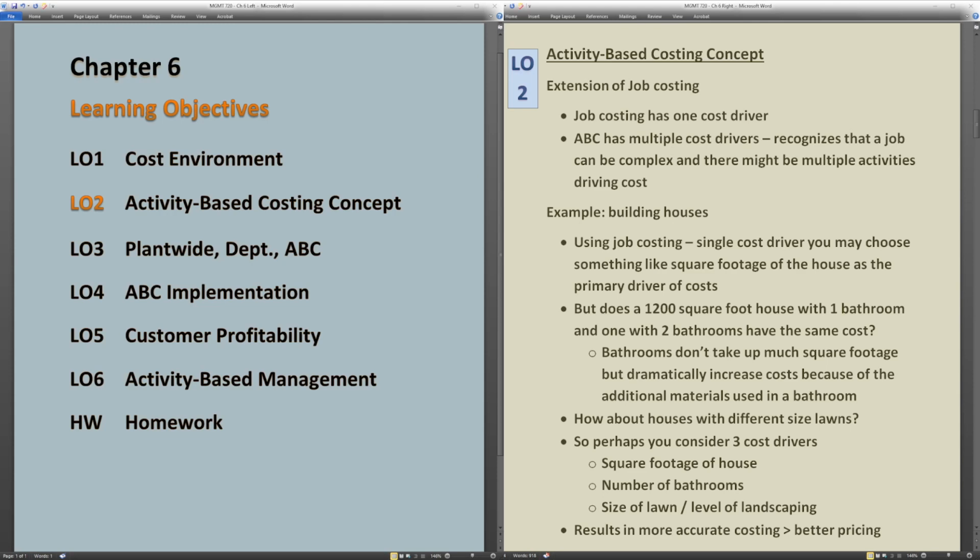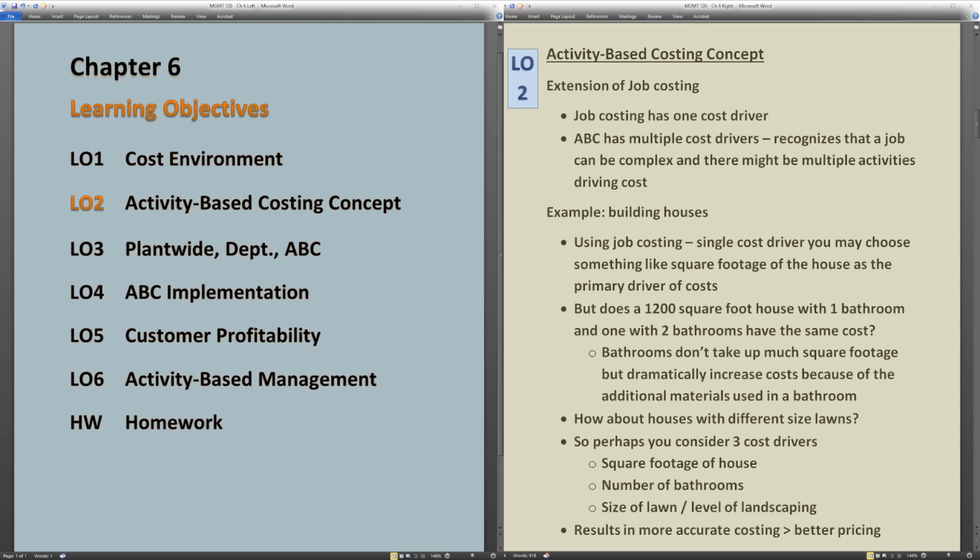So maybe you say, well, we will do it on two things. We'll do part of the cost on the square footage, and we'll do part of the cost on how many bathrooms. And you could even extend that one additional level. And you say, okay, in addition to bathrooms and square footage, houses are on different size pieces of property, kind of driving the landscaping.